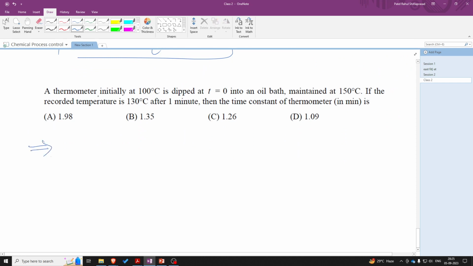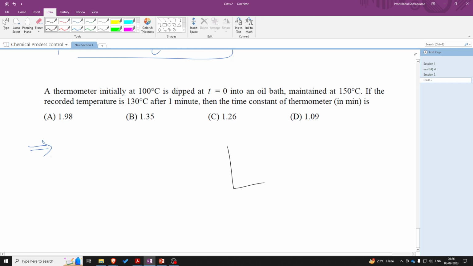Over here we are given a thermometer initially at 100 degrees Celsius is dipped at time t equal to 0 into an oil bath maintained at 150 degrees Celsius. If the recorded temperature is 130 degrees Celsius after 1 minute, then the time constant of the thermometer is dash.